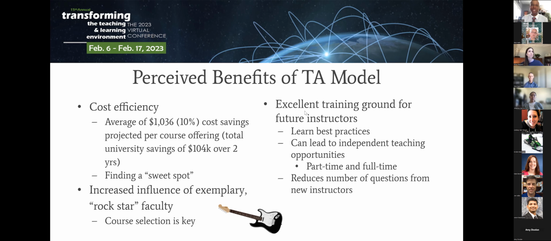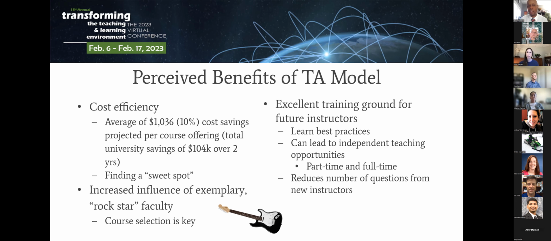Thank you so much, Elisa. So now that we've seen the data, let's talk about the perceived benefits of this teaching assistant model. As Dirk mentioned earlier, initially our primary objective was to achieve cost savings and cost efficiency.